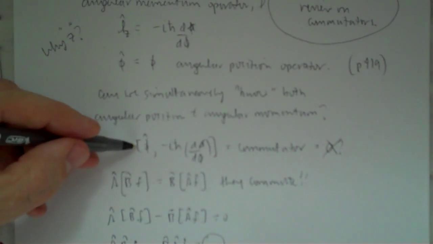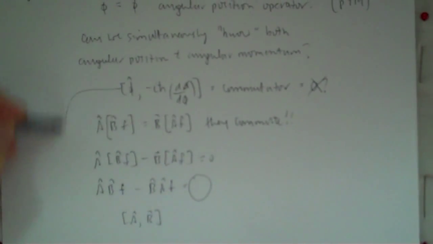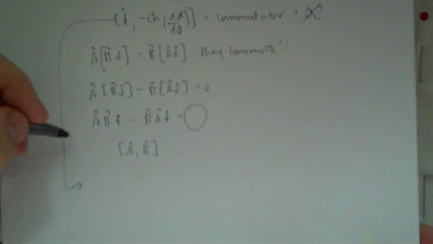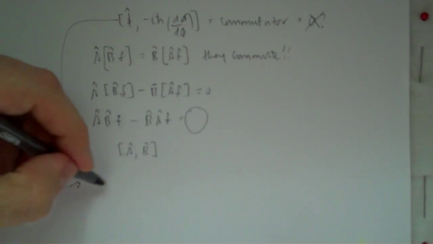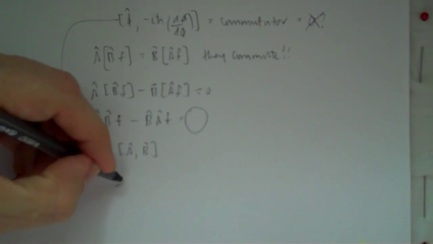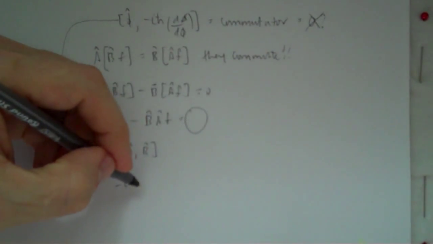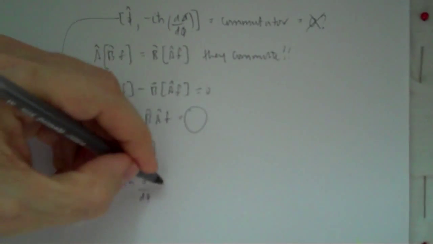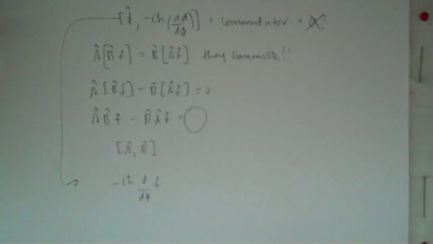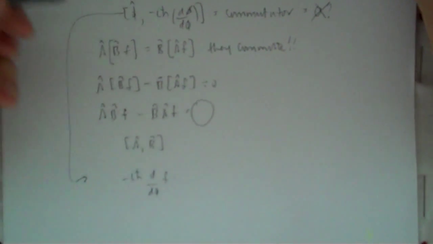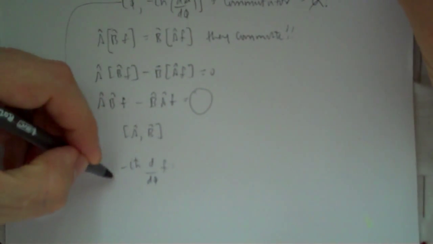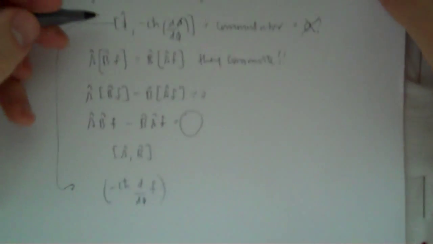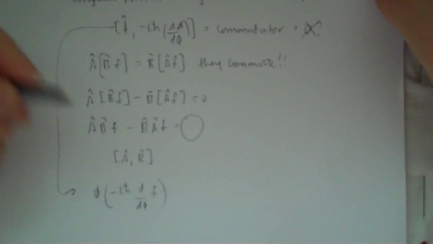We're doing it with this one here, so let's take this with an arbitrary function. The inner one is minus i h bar d by d phi of some arbitrary function f. It's a function of phi, but I'm going to leave that out for now, if you don't mind. And then operating on that is the other operator, phi.